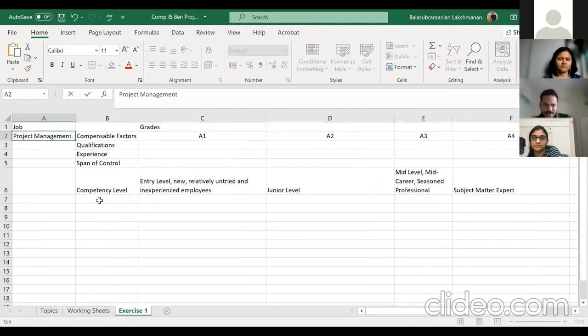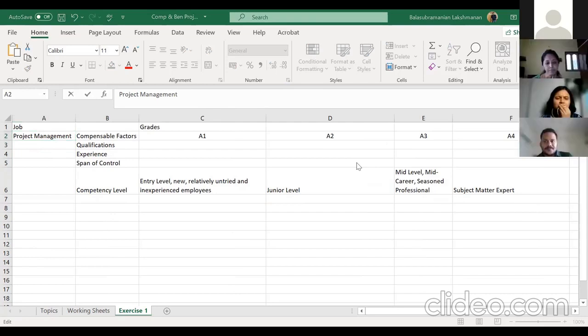Is this fine? We add each of these, or if somebody has some other idea, we can put it differently. Grade in the vertical. Okay, fine.